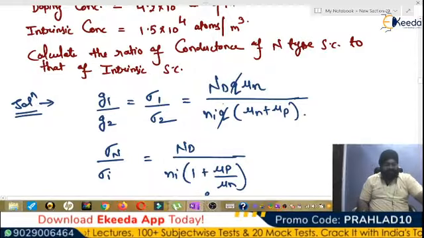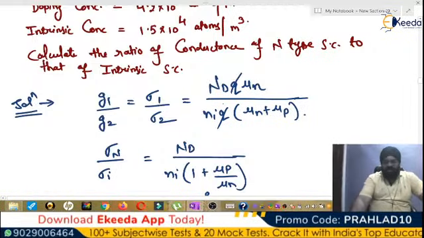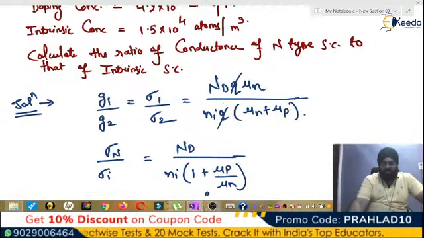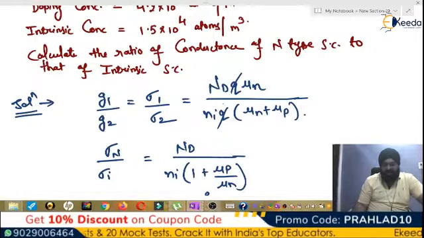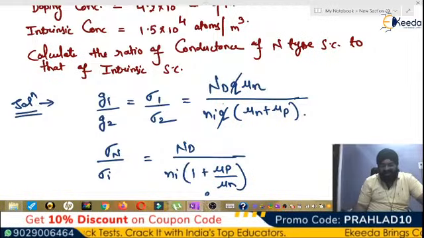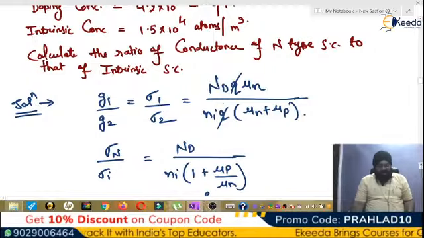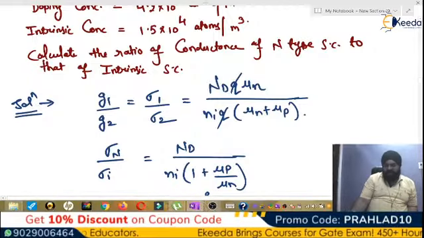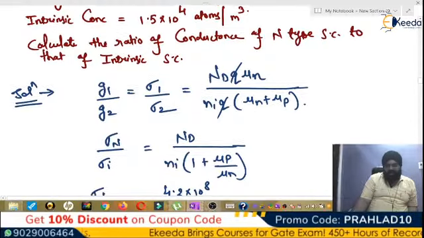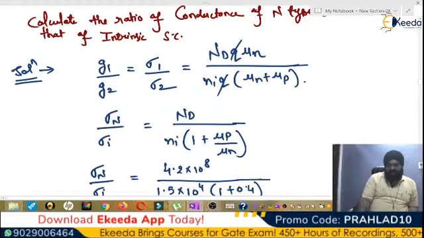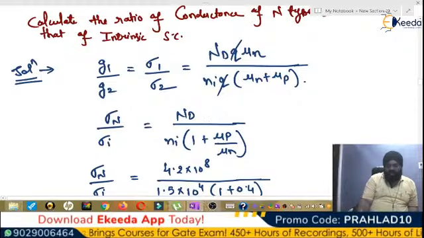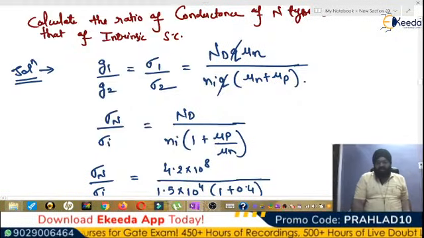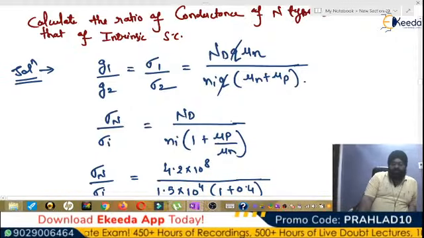Because the first semiconductor is n-type and the second semiconductor is intrinsic. So we want to calculate their conductivity ratio. Conductance ratio is equal to conductivity ratio here, right? So Q and Q will cancel each other. So Nd upon Ni, and we will divide with mu n. So Nd upon Ni into (1 plus mu p by mu n).